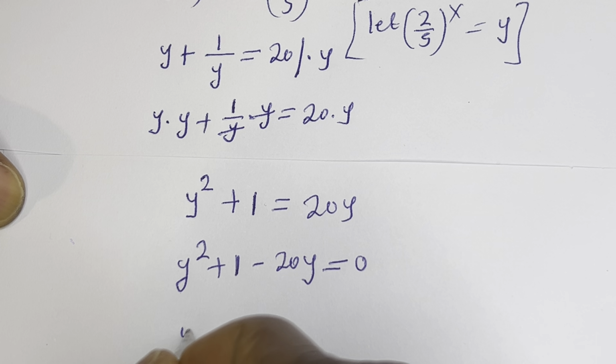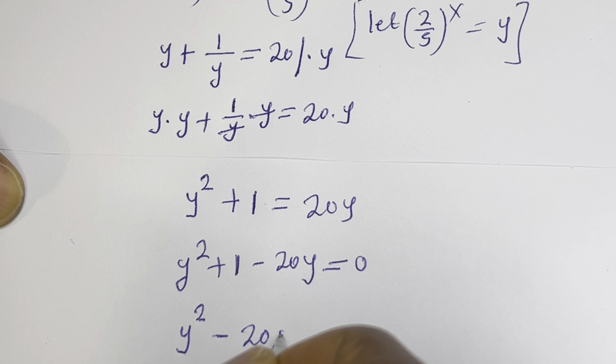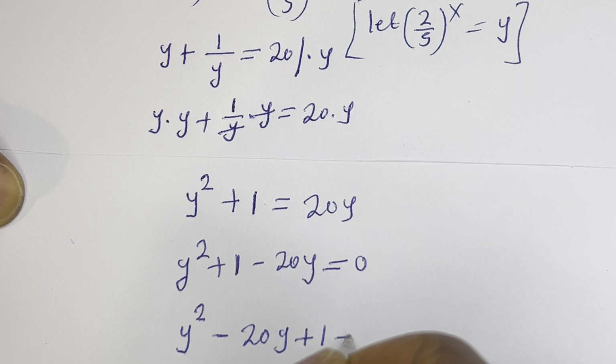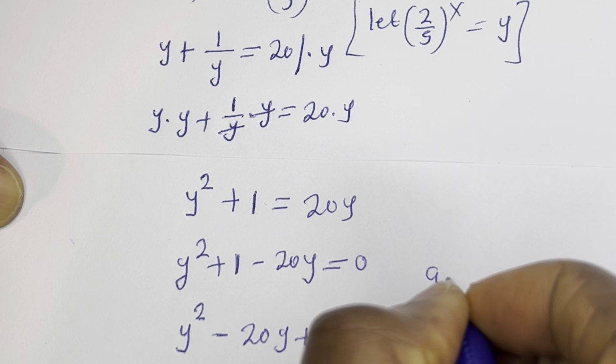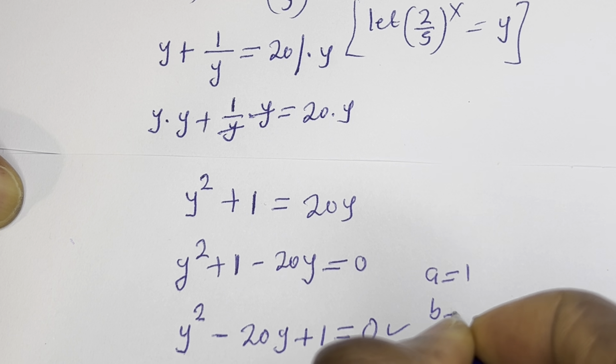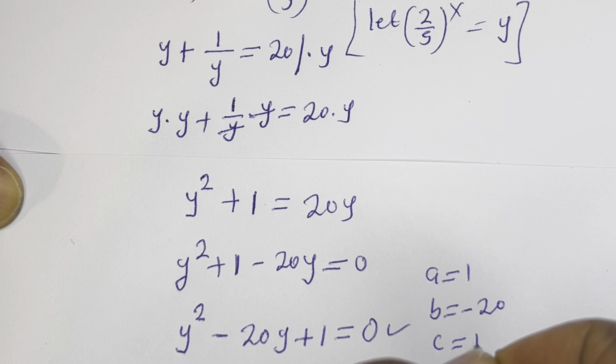Then this is y squared minus 20y plus 1 is equal to 0. This is a quadratic equation. Let's solve this using the quadratic general formula. From here, a is equal to 1, b is equal to minus 20, c is equal to 1.